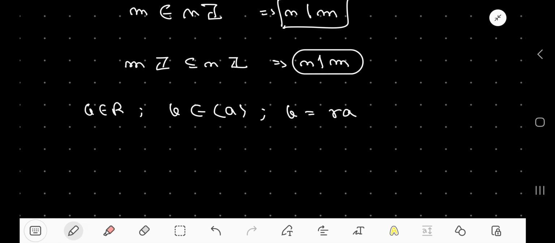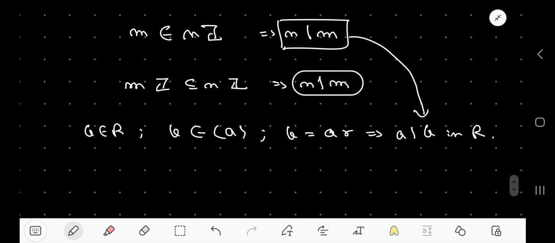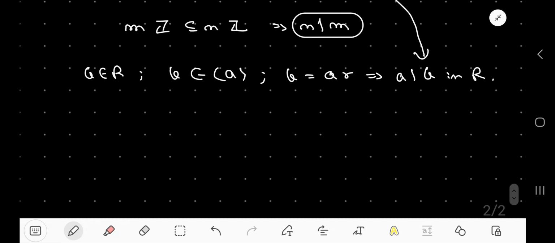So I have some element r in capital R such that I can write b as a multiple of a, better written as ar. But that immediately means that a divides b in the ring R. That should be precisely mentioned, that a divides b in the ring R. And in a way, you can relate these two, right? Clear? Okay.